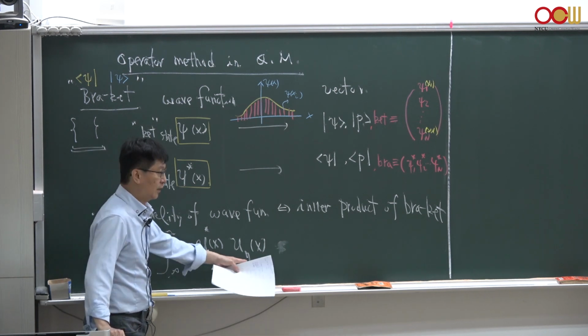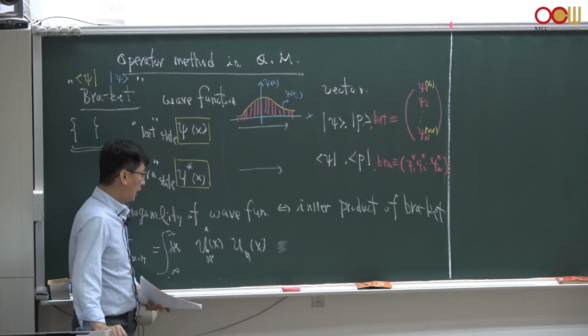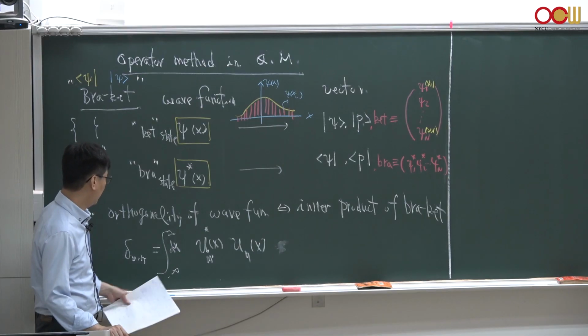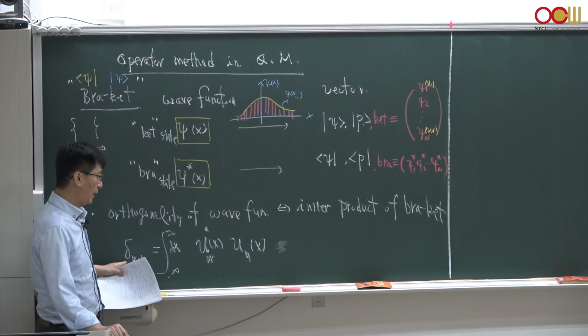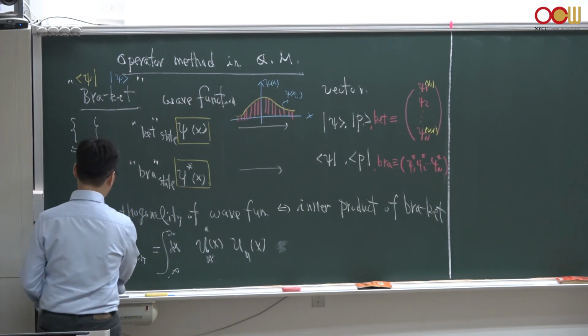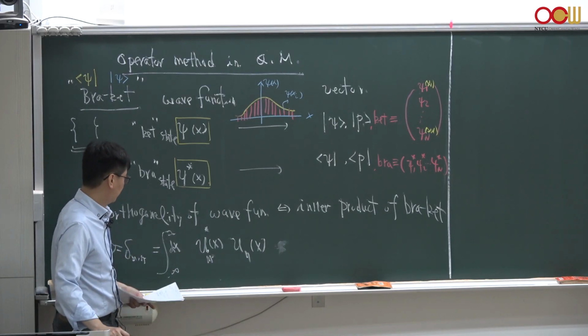So this is the overlap between these two wave functions, and these two wave functions happen to be eigenfunctions of some quantum mechanical problem, um and un. So the result is the Kronecker delta function, delta mn, where this is 1 if m is the same as n, and 0 if they are not the same. Okay, so this is well known.